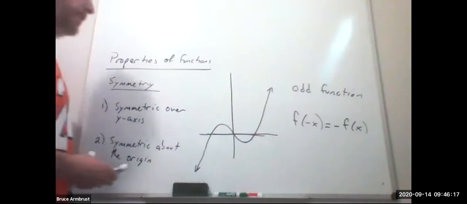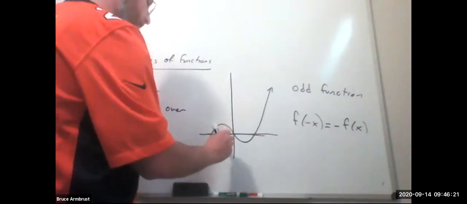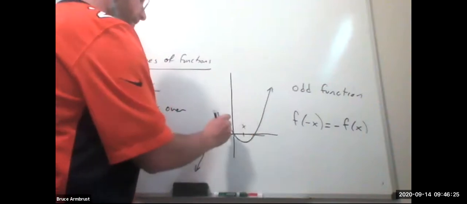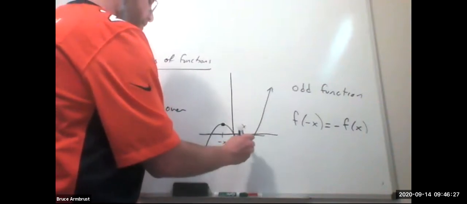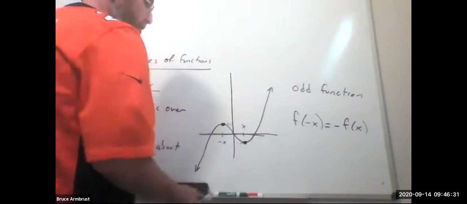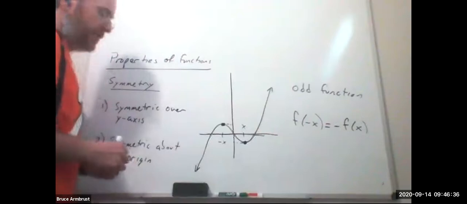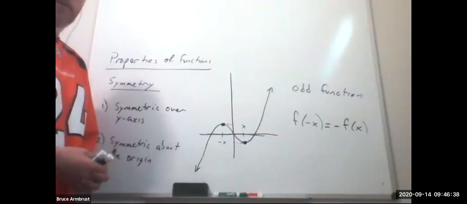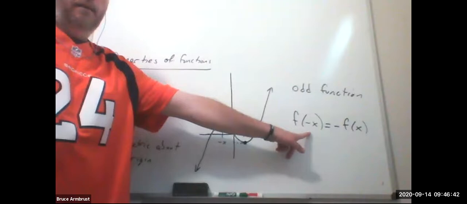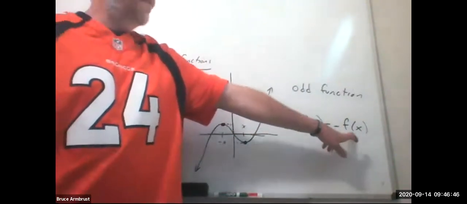So basically what this is saying now is that if we were to pick two different x values, so the positive x and the negative x, and we were to look at those y's, what we see is that they're the same y, but just with different signs. And that's exactly what this statement is saying. If you put in the negative, you get the opposite y value.